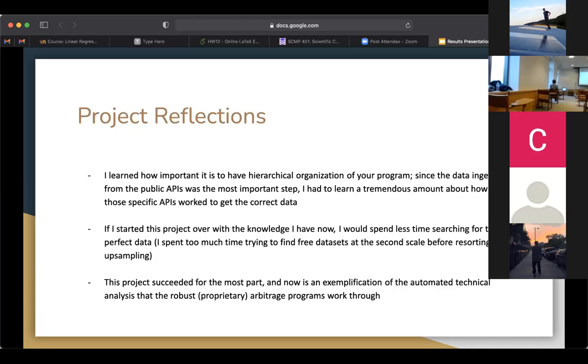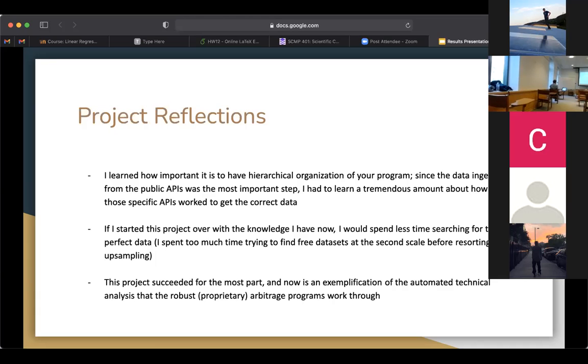And one mistake I made is I spent a lot of time searching for the perfect data. So this program uses minute-by-minute data, but in real arbitrage that you would see at institutional firms that are trading hundreds of millions of dollars every second, they obviously have access to data on the microsecond time scale.